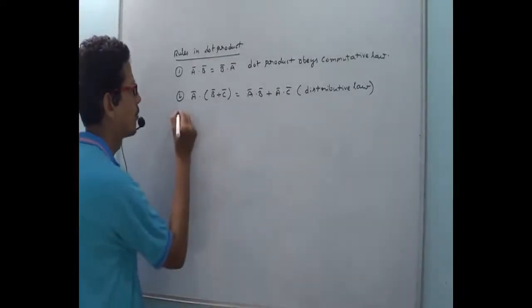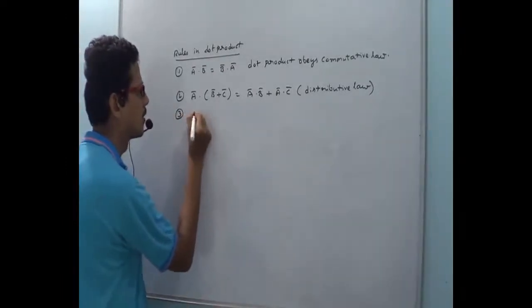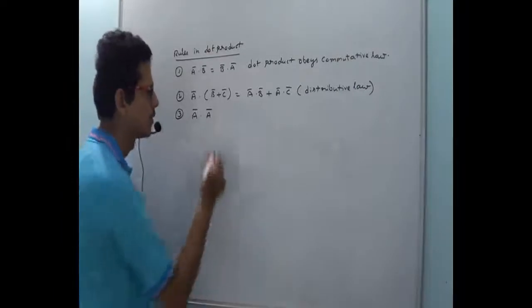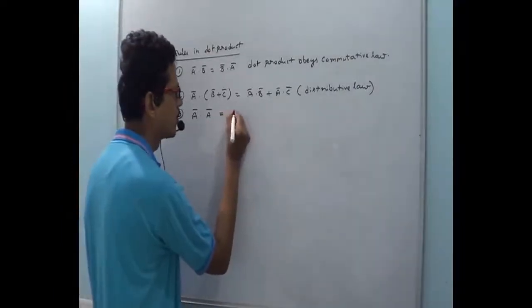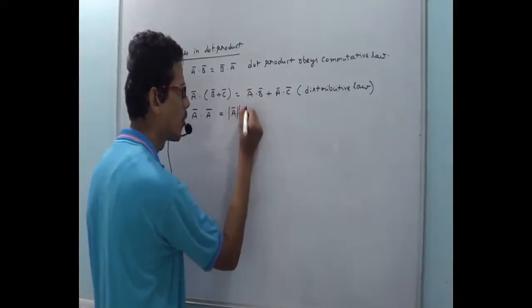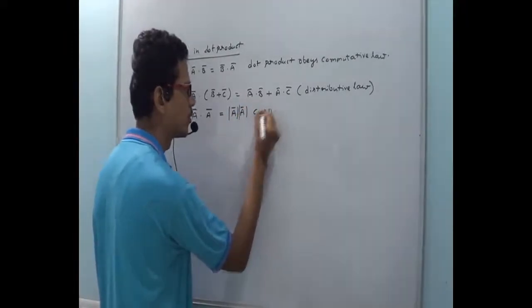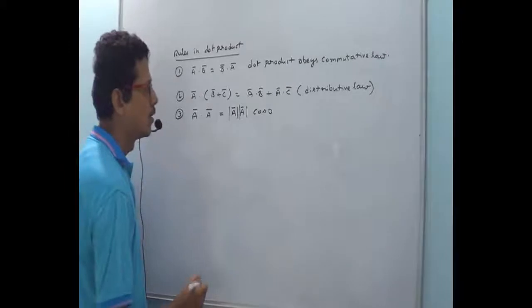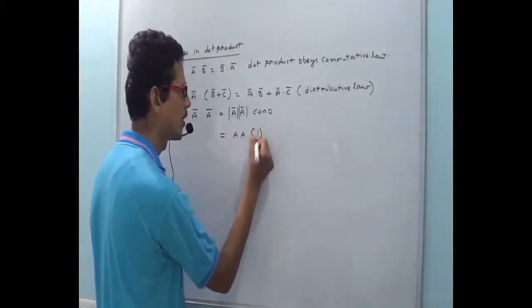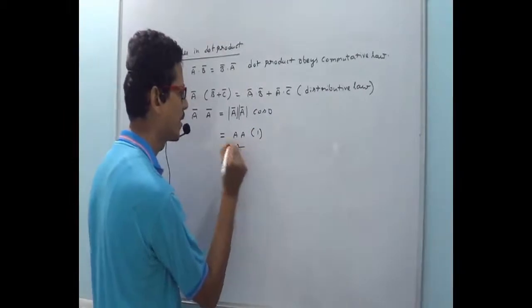Then if you have two vectors, A bar dot A bar, the same vectors we are multiplying: A into mod A bar into cos 0. This is nothing but A into A, since cos 0 is 1. This is nothing but A square.